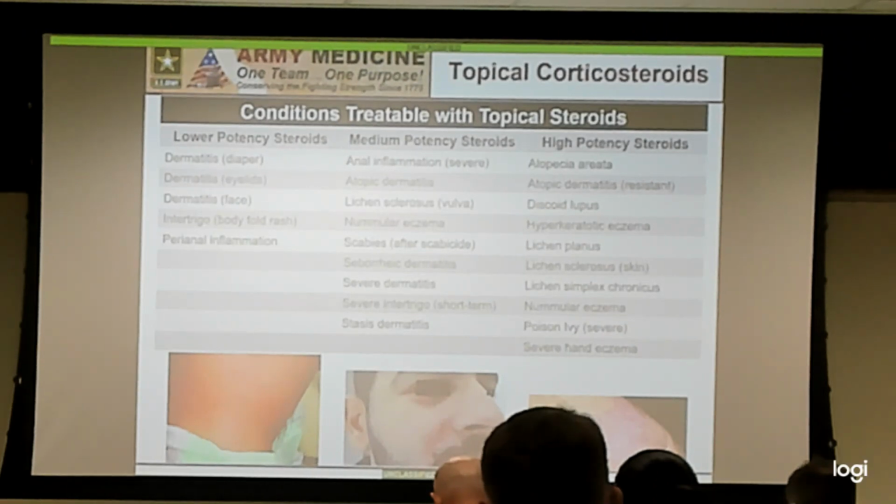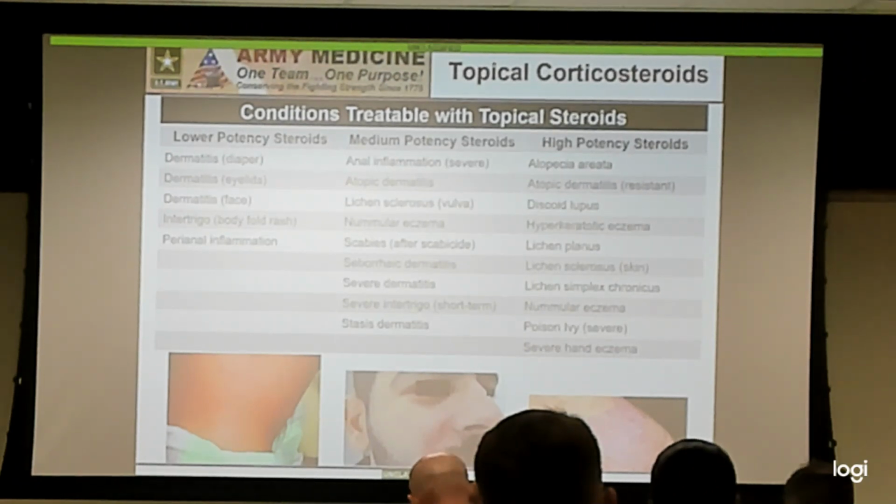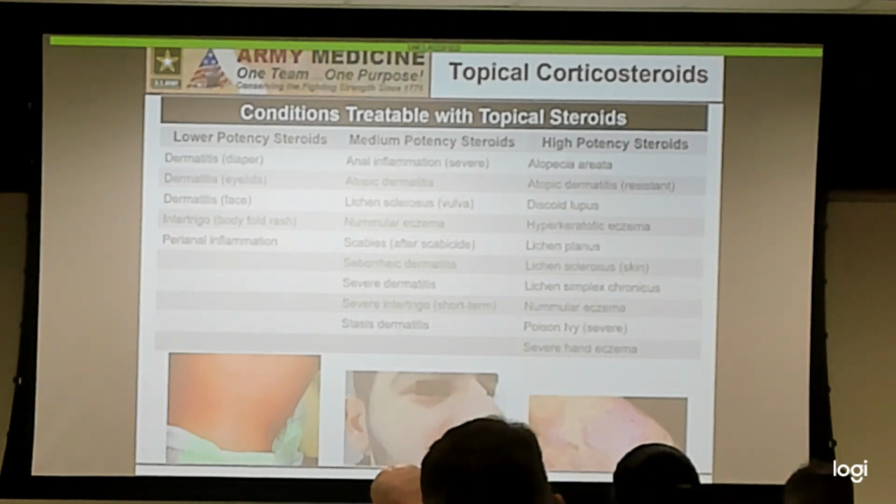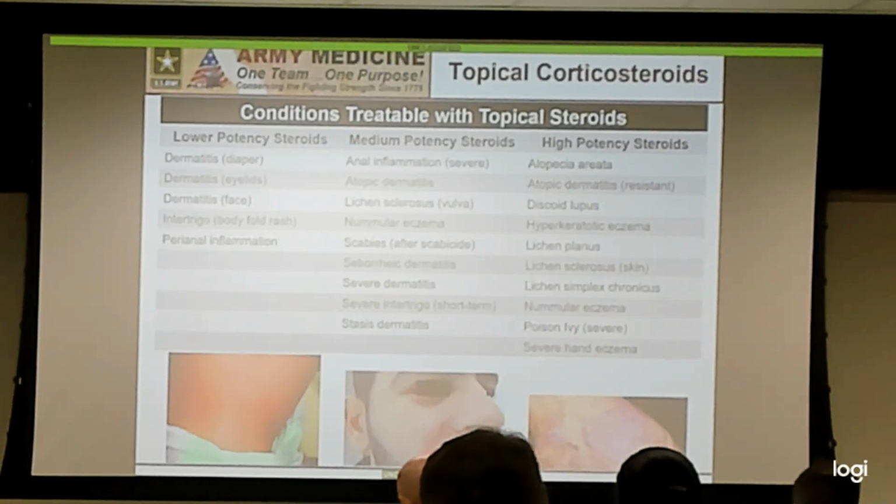So I want you to have an idea of different things that we can treat, which we've already talked about, okay? So we have our dermatitis. When we're talking about diaper rash, you'll also see it used a lot for diaper rash. Remember, whenever we're telling patients or if we give them medications, that they need to put the medication on first before they put on a butt paste when we're talking about our pediatric patients.